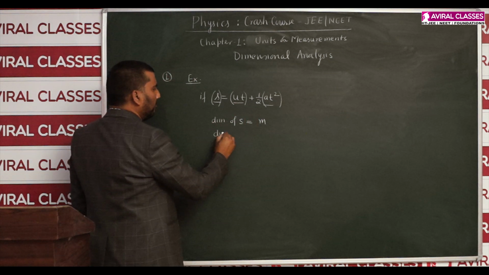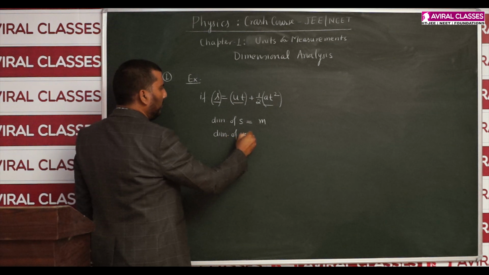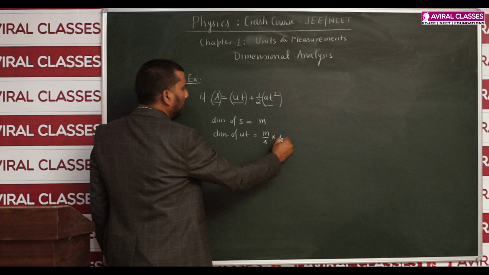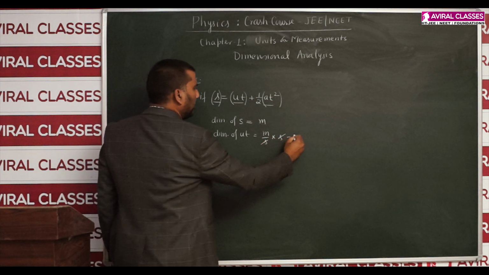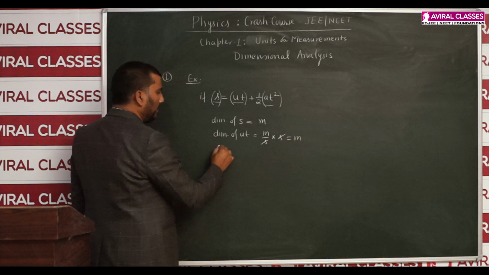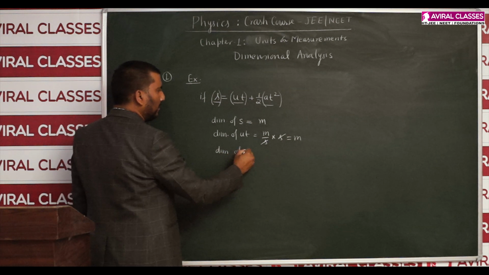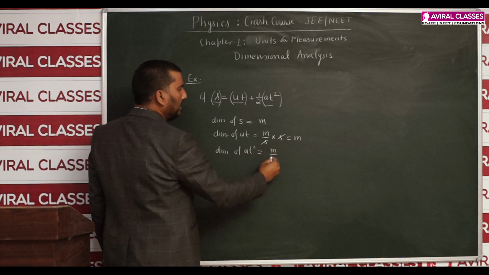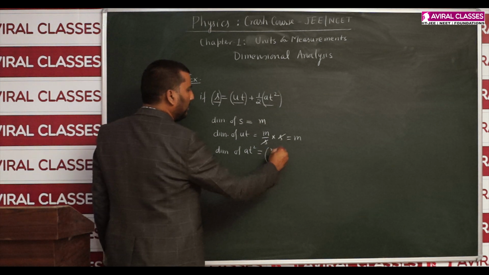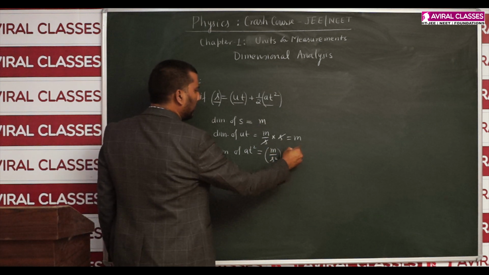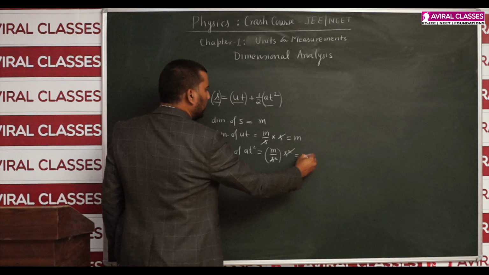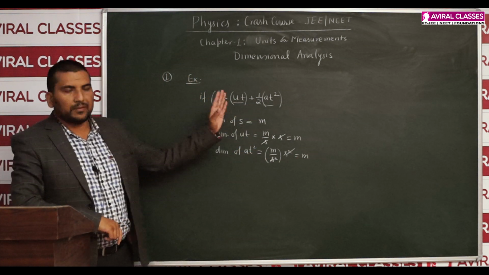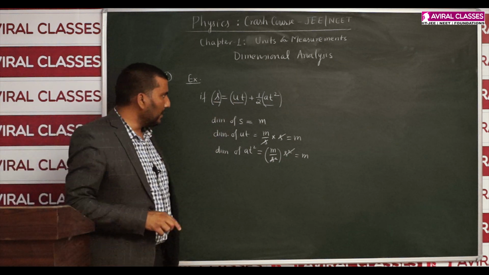Now dimension of u into t is meter upon second into second. It is meter only. Dimension of at square: a is acceleration, which is meter per second square, and t square is second square. So it is meter. Now clearly seeing that this formula is okay.